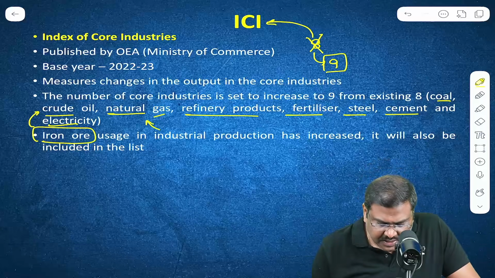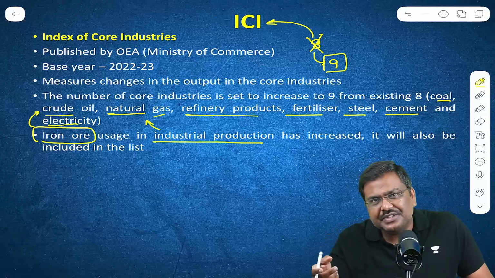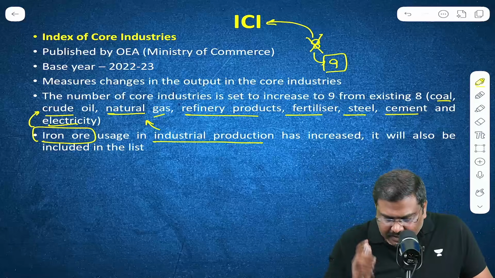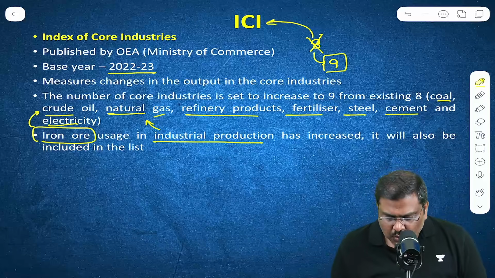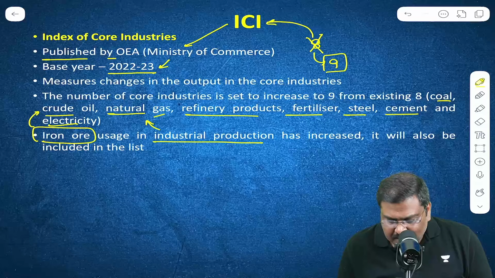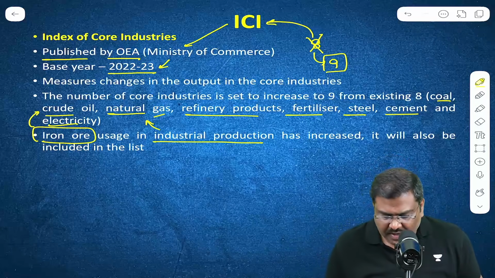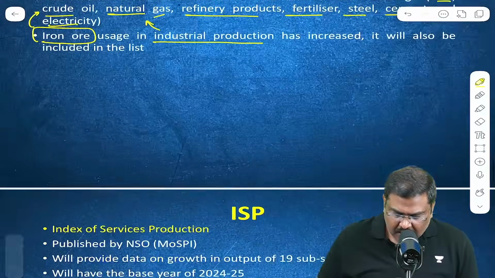Based on the usage in industrial production, because it has increased, it has been included. The base year has also been changed from 11 and 12 to 22 and 23. And finally, this is published by the Office of the Economic Advisor, who functions under the Ministry of Commerce.